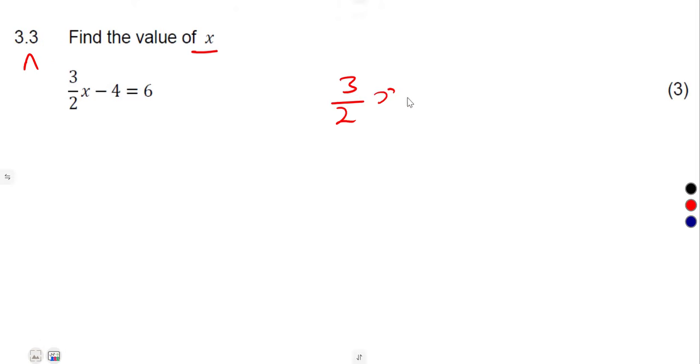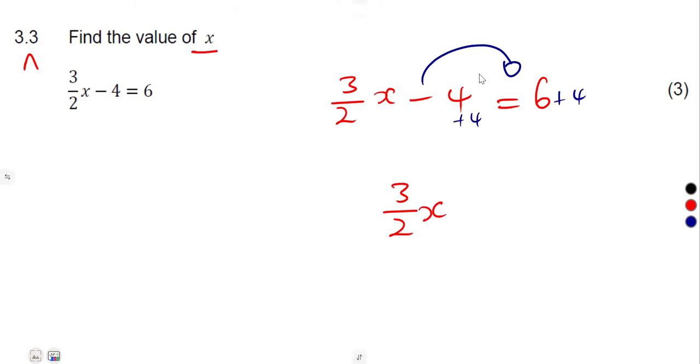3 over 2x minus 4 is equal to 6. So there are so many ways we can take the negative 4 to the other side. As we can see, we can simply add 4. So that's 3 over 2x, that's a 0 there, which is equal to 6 plus 4, that's a 10. So there are so many ways, like I said, we can choose to do a cross multiplication. This is like over 1.